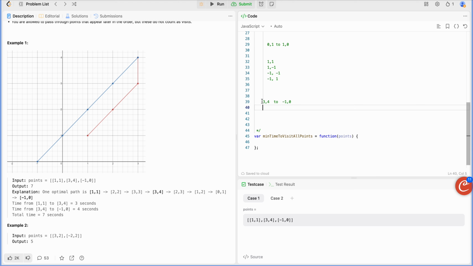I guess, going from 3 to minus 1, since it is from positive to negative, I need to go negative, right? And from 4 to 0 I need to go negative as well. So if it was 3 4 to 2 2 3, then I need to go negative here.